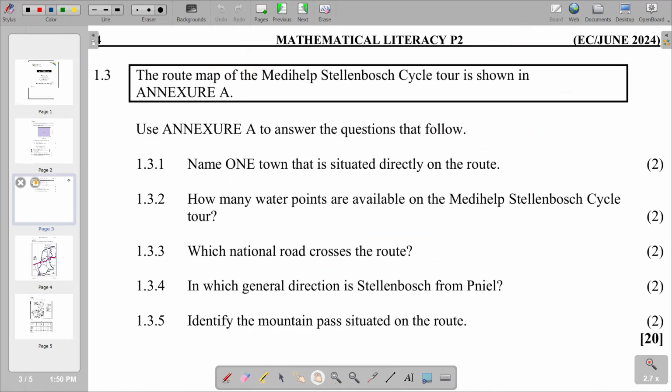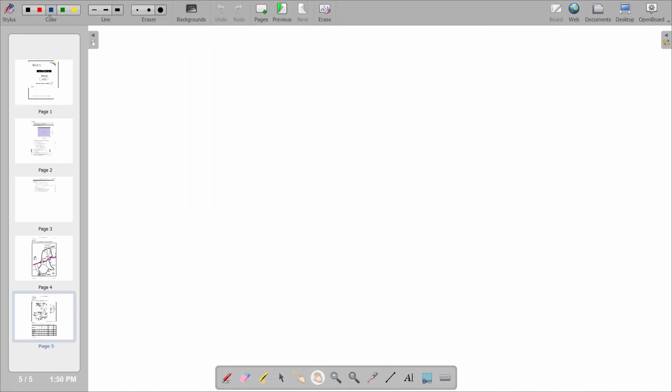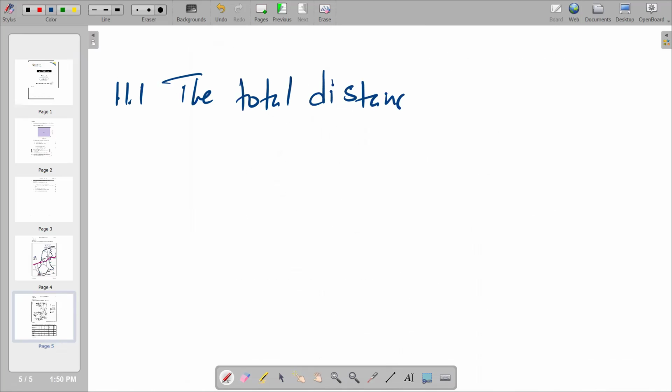Between the two descriptions that we have given, we can come up with a proper description of a perimeter. So for 1.1.1, we can define perimeter as the total distance around the shape.